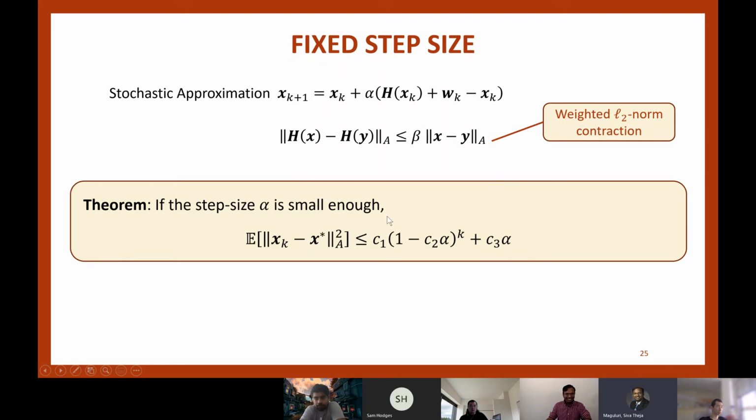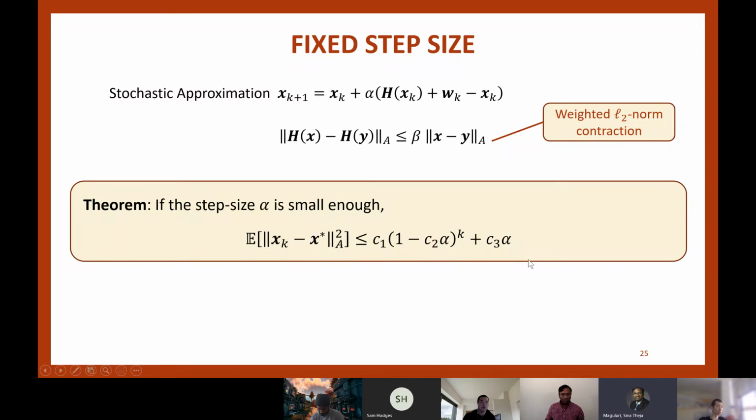I'm not saying exactly how small, but there's a bound in terms of beta and so on. Then if you look at the mean square error, firstly, there's a unique fixed point x star, and I'm at xk after time k. I want to understand how far away I am relative to x star. So this can be bounded by the expected value of xk minus x star squared.